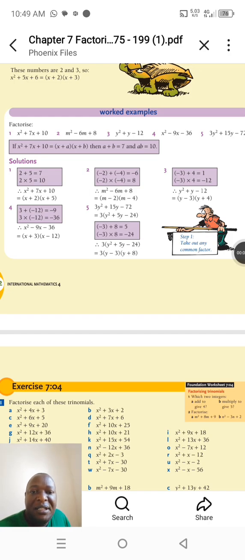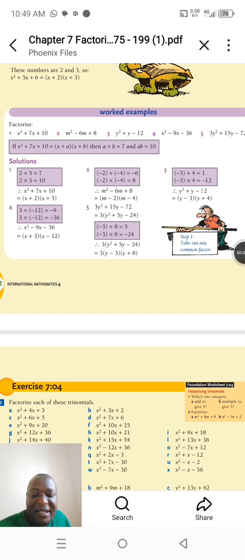Now, in this case, the product is going to be negative 12. That is the coefficient of y squared, which is 1, times the constant value, which is negative 12. So the product is negative 12 and the sum is 1. The coefficient of y is 1. So which two numbers, when you multiply, you get negative 12, and when you add, you get 1?